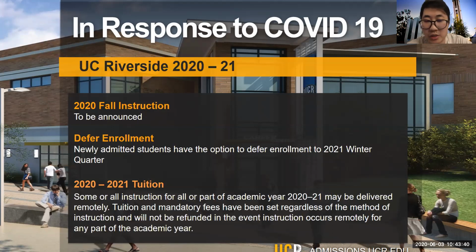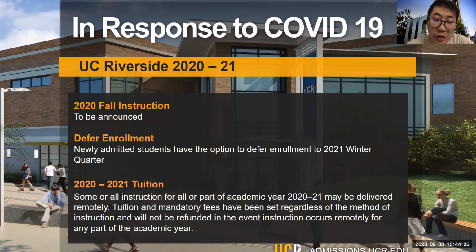That still depends on the pandemic situation, if it gets better, but we will make sure that our students are safe when they're on campus. That may last for additional quarters past fall quarter, to winter or spring, but so far, we haven't decided yet.